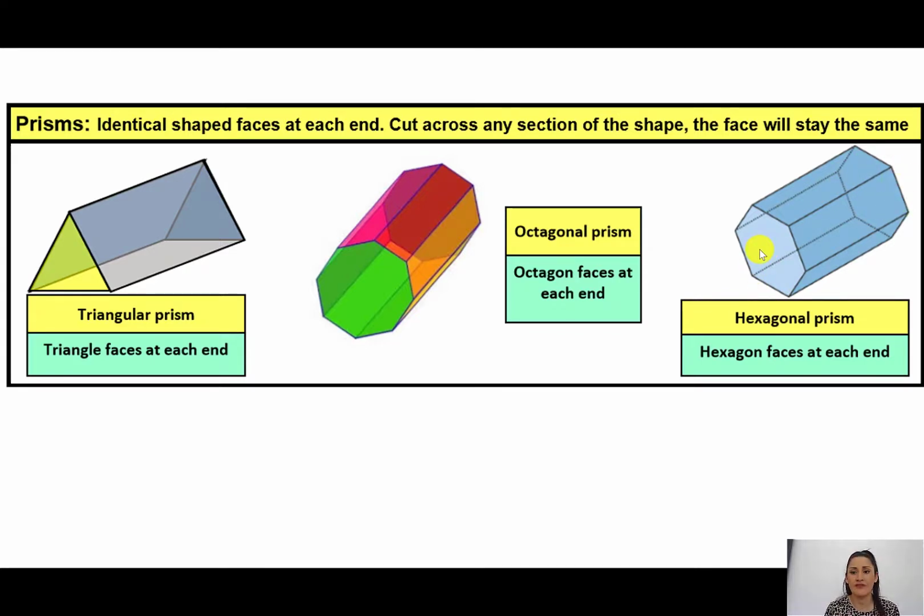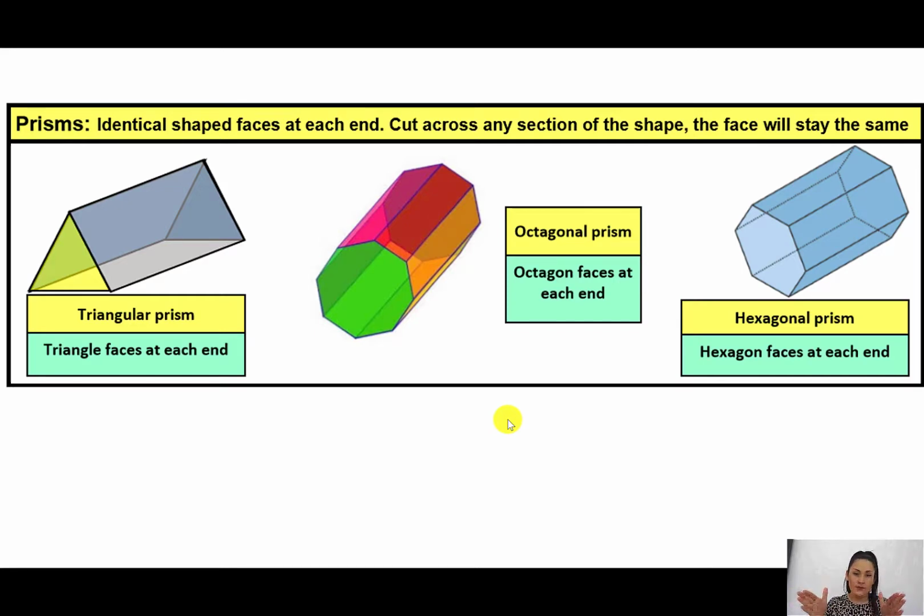So you could have a heptagonal prism. You could have a, so we've got a 6 and 8 sided. You could have a pentagonal prism. So whatever polygon you can think of, you could have as a face, and those faces would be at each end of your prism.